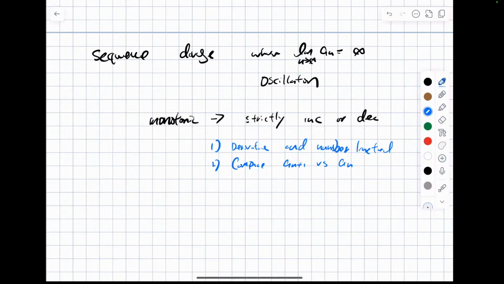Sometimes you can put it in a ratio, sometimes you can just compare them side by side. For example, 1 over n and 1 over n plus 1. You can say something is less than something, and then create a statement and measure that truth.